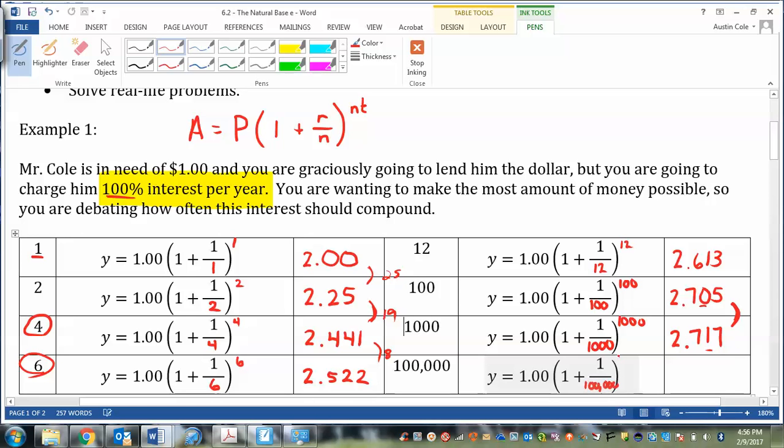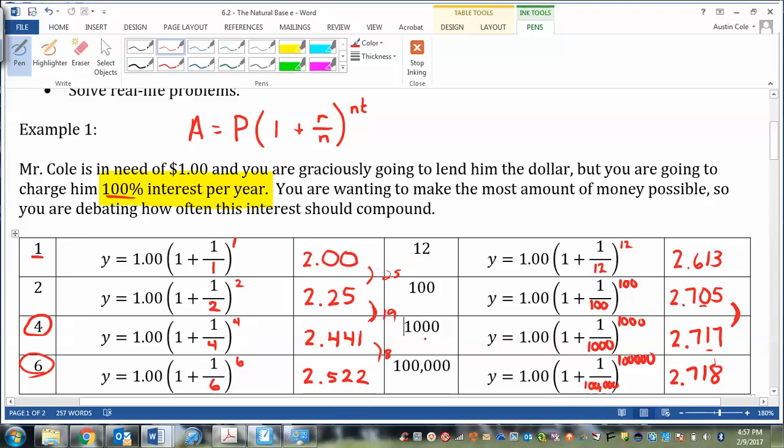Now, let's do 100,000 just to see what this is. So we're going to plug in 100,000 here. So 1 divided by 100,000, hit enter, add 1 to it, hit enter, and then take it to the 100,000th power, and we should get 2.718.